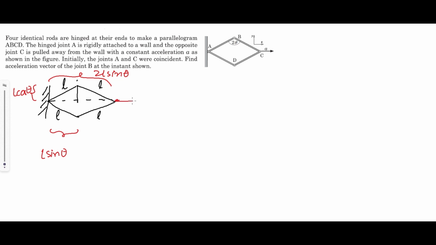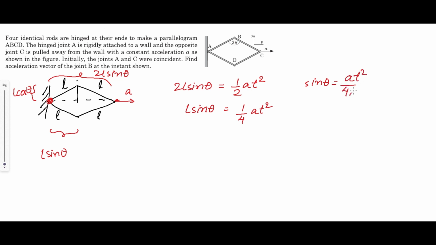Since the acceleration is constant, from the equation of motion the distance covered, that is 2L sine theta, must be equal to half a t squared, given the initial velocity of point C at the wall is 0. From this you will realize that L sine theta is equal to one by four a t squared, and sine theta is equal to a t squared upon 4L.